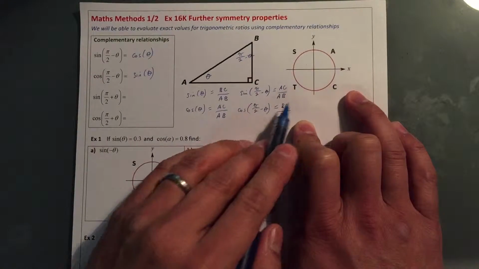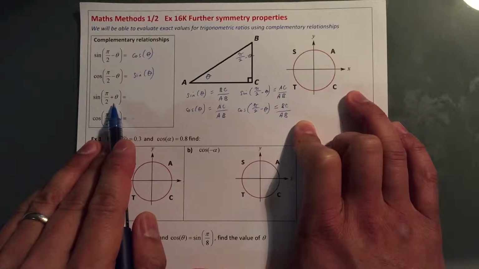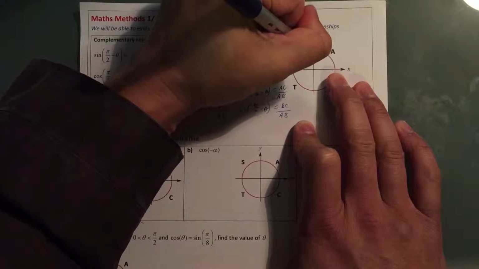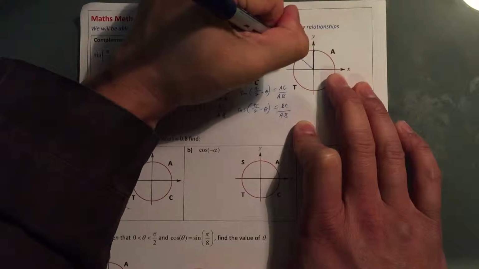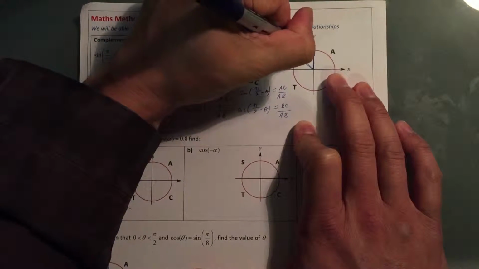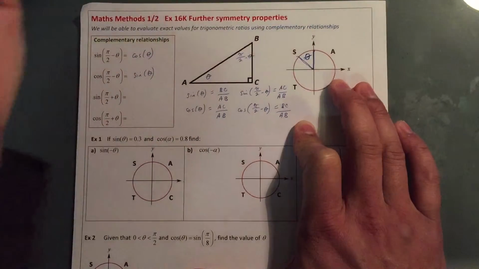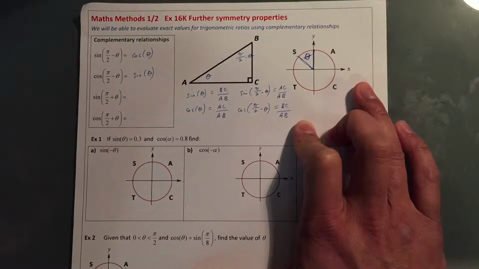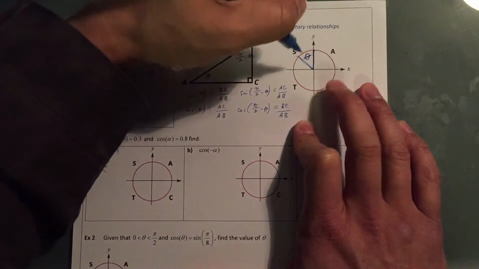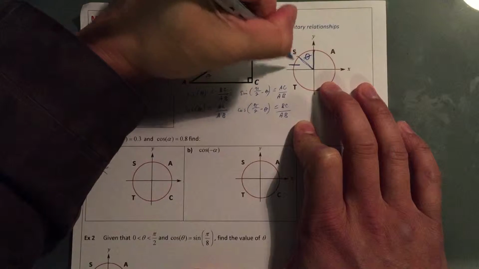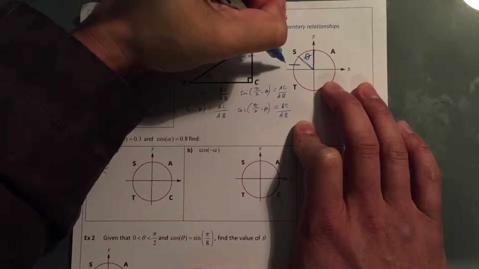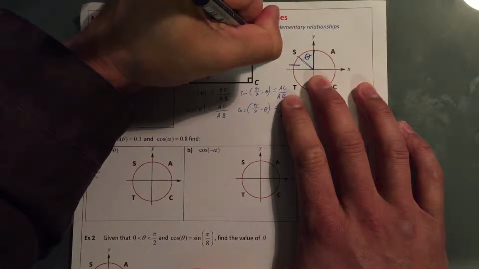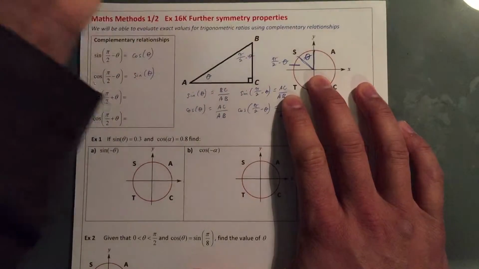Now we'll go to the unit circle to think about sine of pi on 2 plus theta. Here's pi on 2, and let's add theta here. If this is 90 degrees, then this reference angle is going to be 90 take away theta, so this reference angle is pi on 2 take away theta.